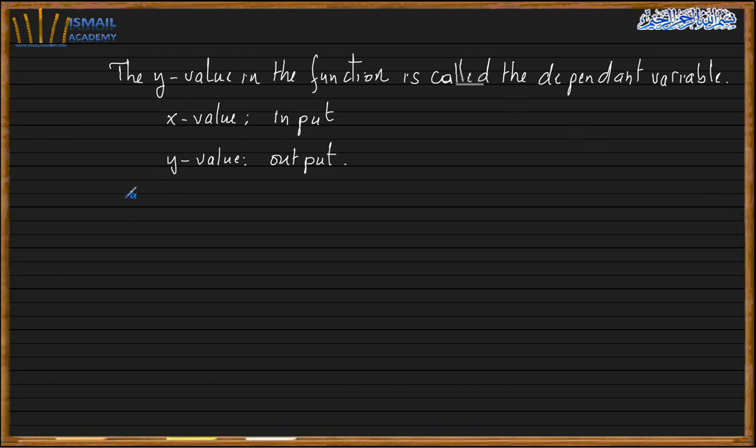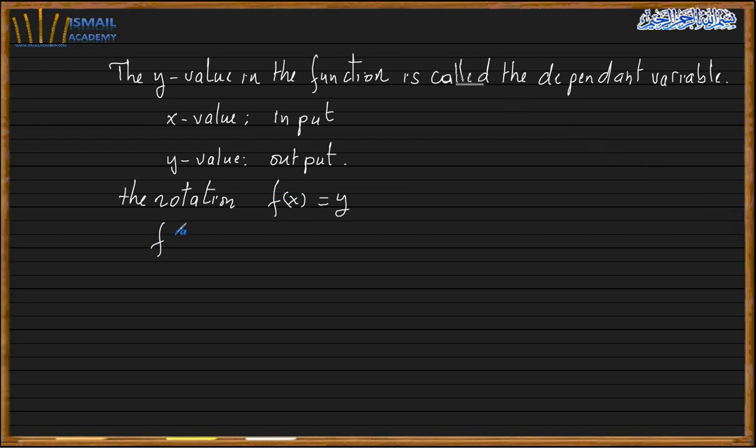And the notation we use for function, which we learned last time. So the notation: f of x is the same thing as y, and this f of x has a meaning. So f means the output. F is the output.